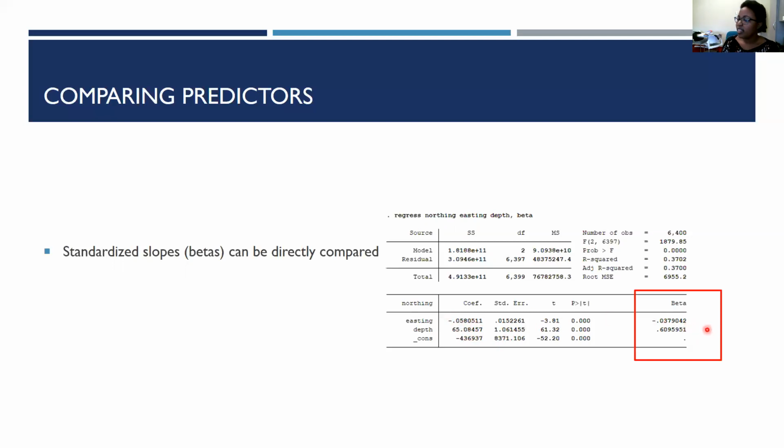Once they are standardized, then we can directly compare these two and say that depth has a stronger effect on northing than easting does. So that's a useful thing. If you wanted to go back to our homework analysis, you could think about, okay, well, I want to see if homework has a significant effect on achievement.